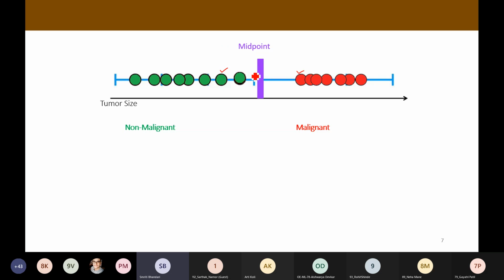Why? Because with this new threshold, the test sample is towards the left-hand side of my decision boundary, and that is why we now predict this sample as non-malignant. And now I feel this is a more accurate prediction.